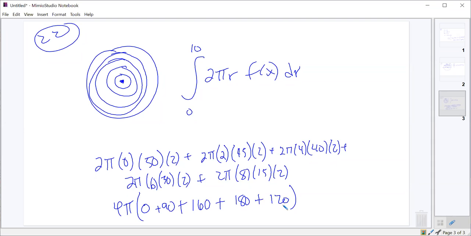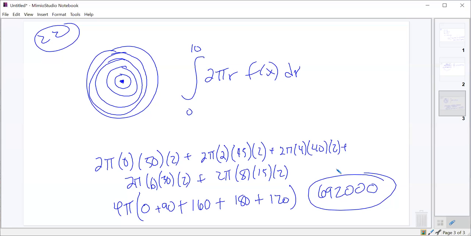So if we add all those up and multiply by 4 pi, what do we get? Okay, so about 692,000. So we would assume that our approximation is pretty darn close to that 691,200 value that they gave us.